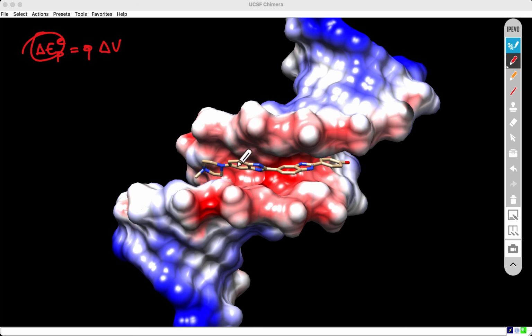And when you see where the potential obtains its maximum or minimum, depending on whether your molecule is positive or negatively charged, that will give you an idea of where the electrostatic interaction will be the greatest between the molecule that binds to your biological macromolecule.